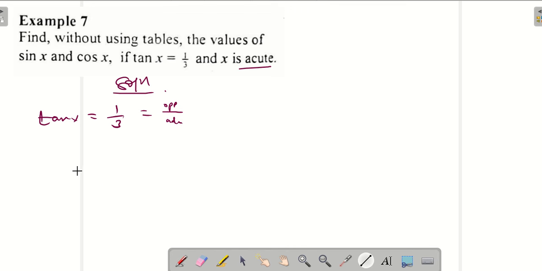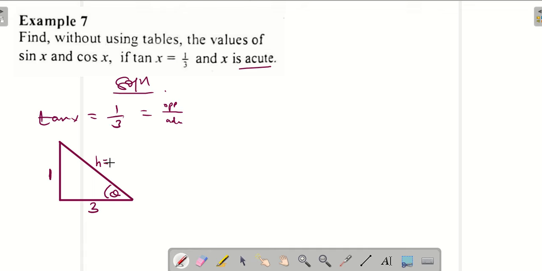So when you draw your right angle triangle, and the angle here is theta, then the opposite is 1 and the adjacent is 3. So we need to work out the hypotenuse.